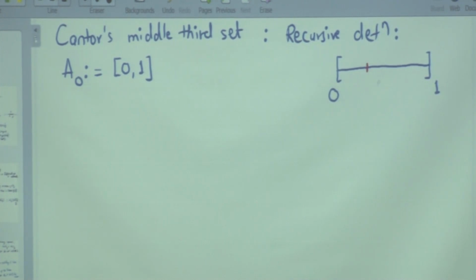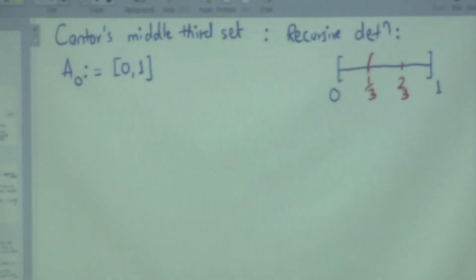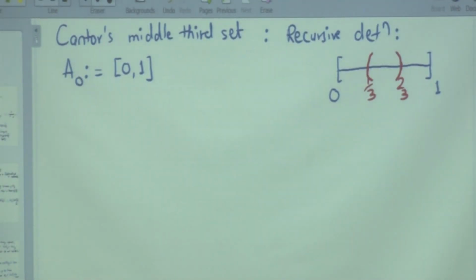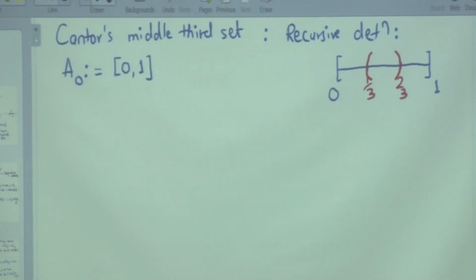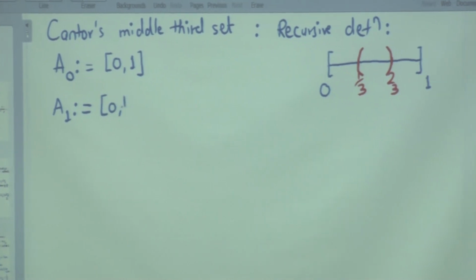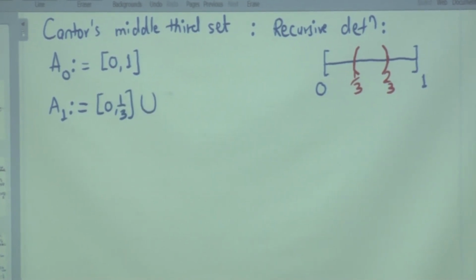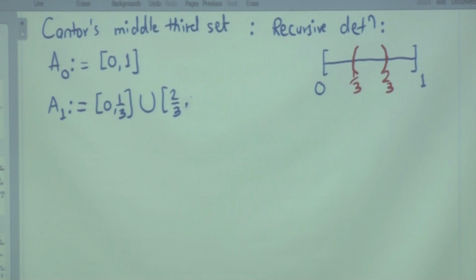So this is 0, this is 1/3, this is 2/3, this is 1. What will be my A1? A1 will be [0,1/3] union [2/3,1].